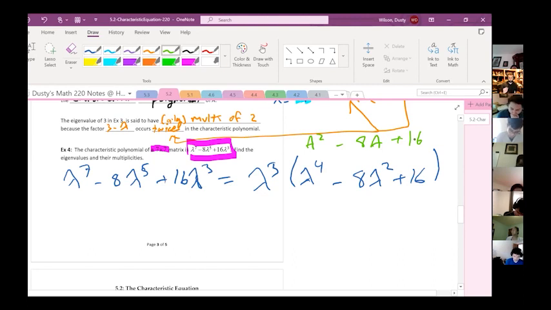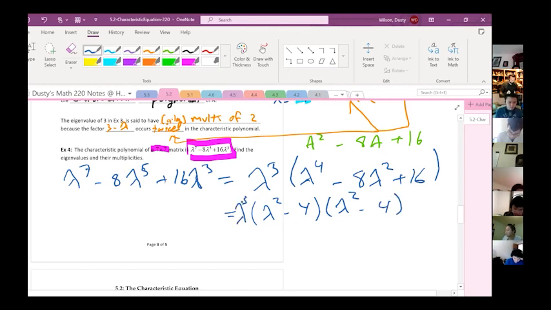So you could factor that to be a minus 4 times a minus 4. So we have lambda squared minus 4, lambda squared minus 4. So I lost the lambda cubed. Or in other words, we have lambda cubed times lambda plus 2 squared, lambda minus 2 squared.